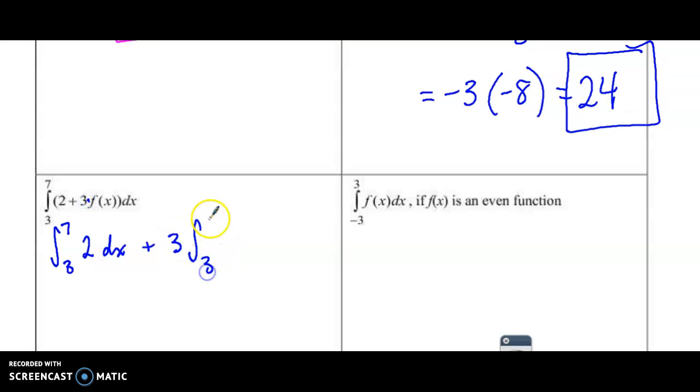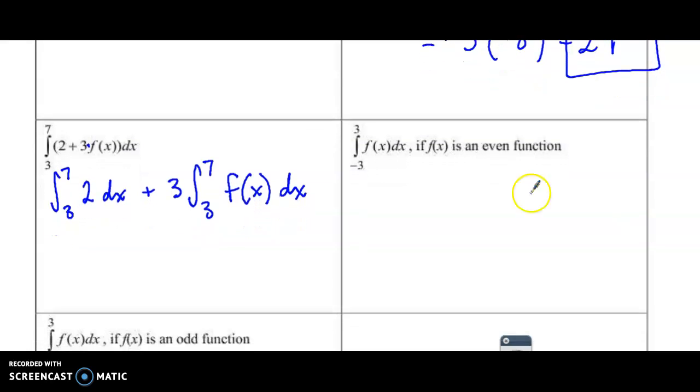The integral is still the same of f of x dx. But let's explain exactly what's going on. That doesn't look like a 3 right there. Let me fix that. There we go. Well, let's first do this piece, because the integral from 3 to 7 of f of x dx is equal to negative 8.